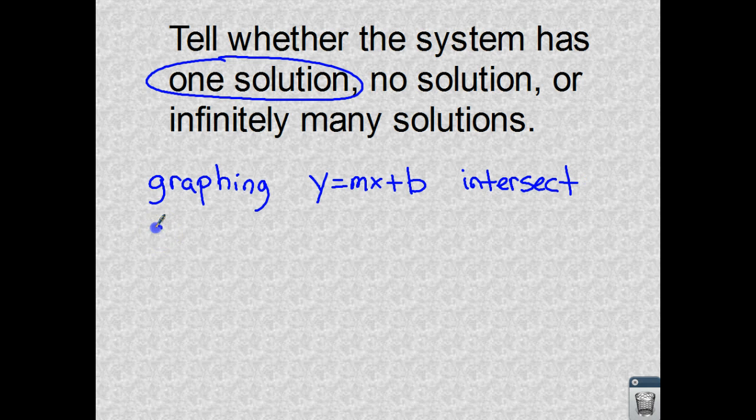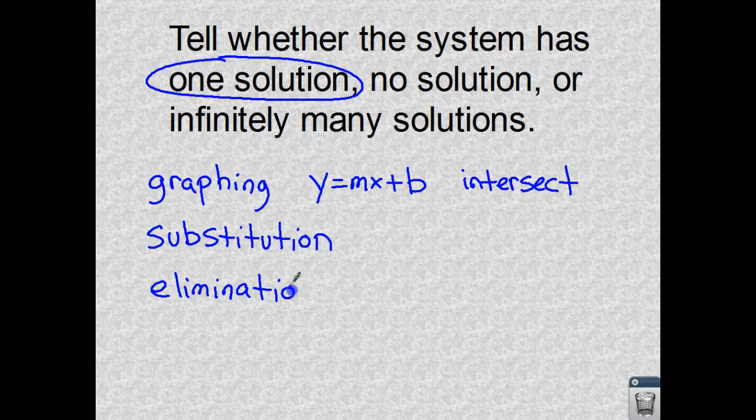The second way, we use this idea of substitution. The third way of determining whether or not we have a solution was this process called elimination. And we use three different operations in the elimination.